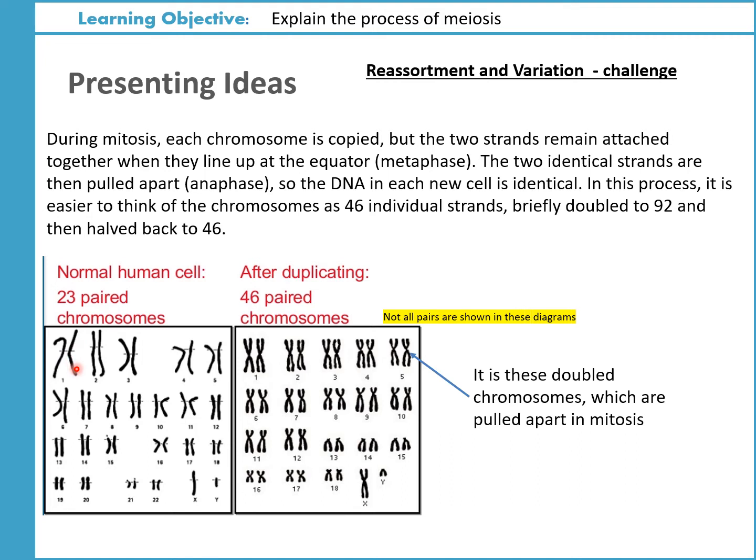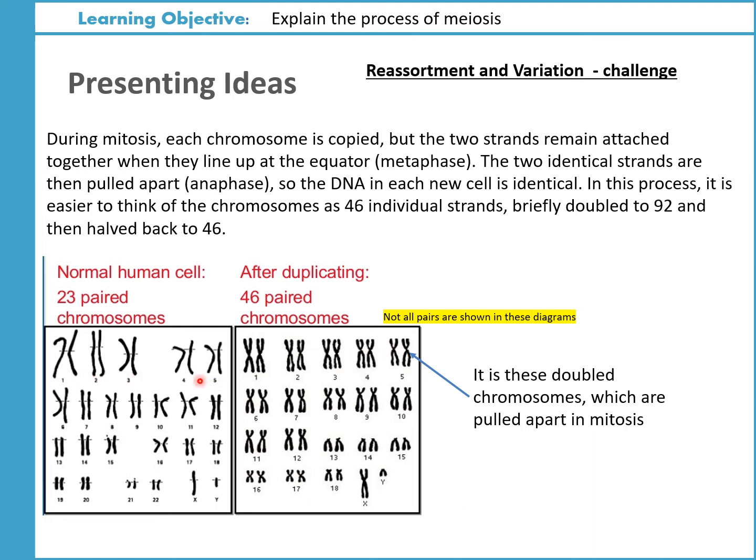They have come from different parents. Now that is true of all of the chromosomes in the human genome. And the other thing to note is that we don't know whether the chromosome on the left was the maternal one and the one on the right was the paternal one, and whether that's different in each of the pairs.